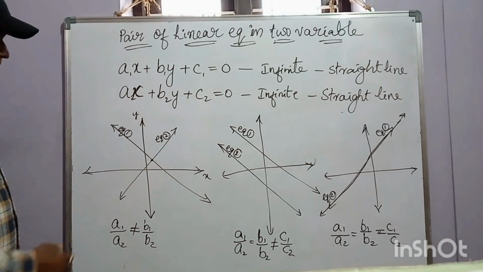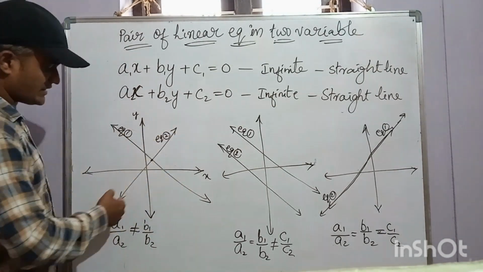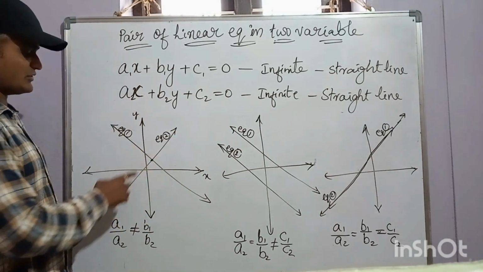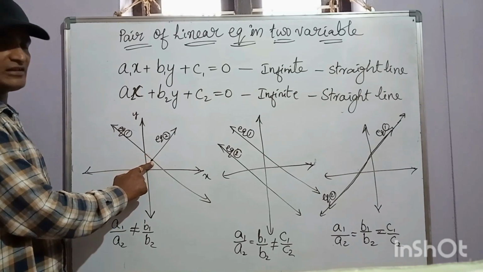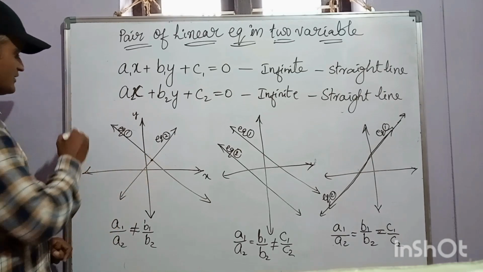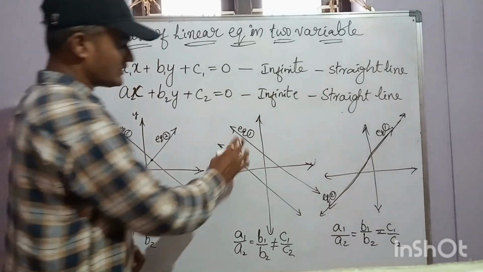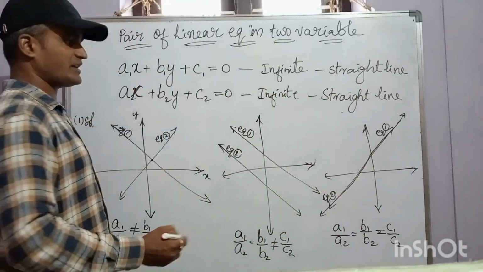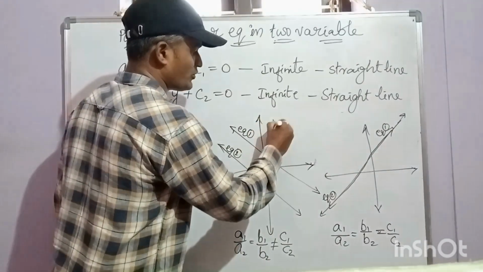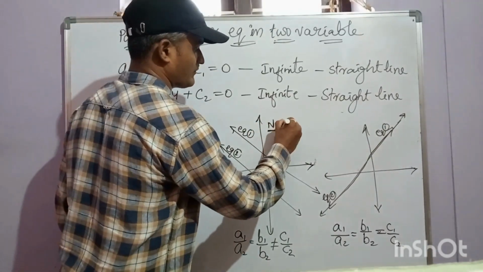You see now, equation 1 and equation 2 each have infinite solutions, but commonly they have only one solution. Here these are two parallel lines which never intersect. It means there is no common solution for them.